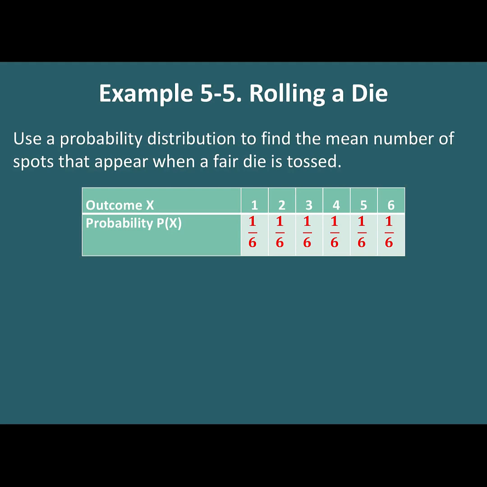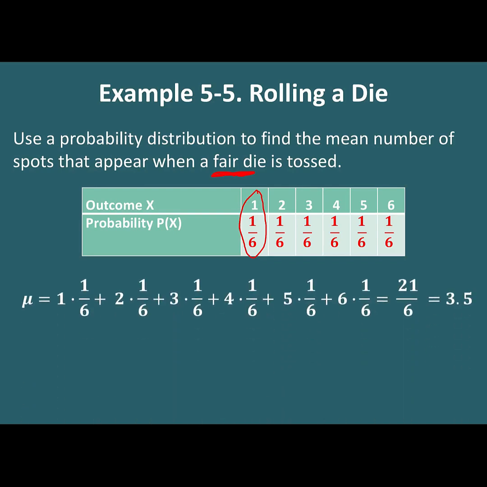Let's do an example. Use a probability distribution to find the mean number of spots that appear when a fair die is tossed. Since it is a fair die, we would expect a 1 in 6 chance to get any particular number on the die. As mentioned on the previous slide, you multiply the event occurring times the probability of that event occurring.